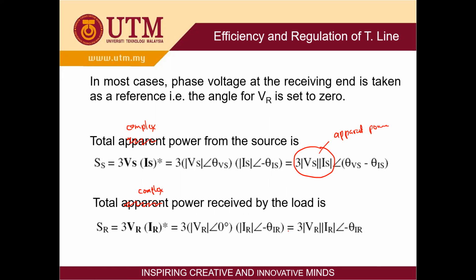For the complex power received by the load, you can also use this equation. So this is also the apparent power. As you can see here, the angle is negative theta I because the angle of the voltage at the receiving end is our reference, which is 0.